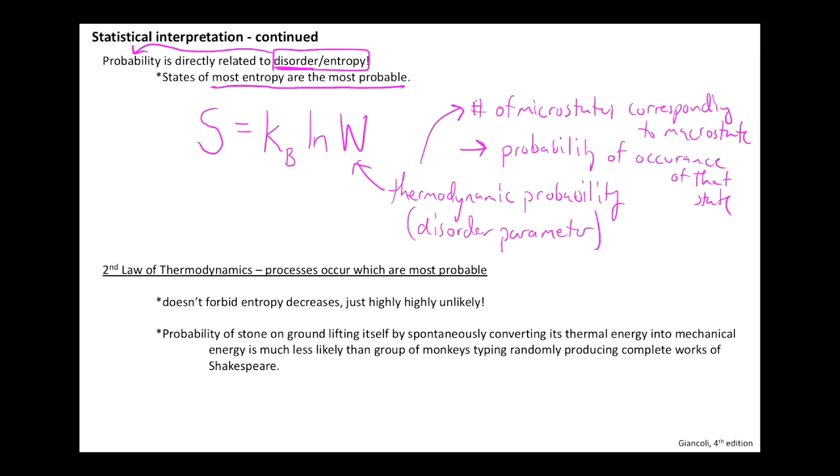So this W is a parameter that relates back to the coins, the number of microstates that correspond to a macrostate and their relative probability of occurring. Again, just be aware of it. If it ends up in the homework, they're going to have to give you W or have you solve for W or something. There's not anything that's terribly difficult there to calculate.